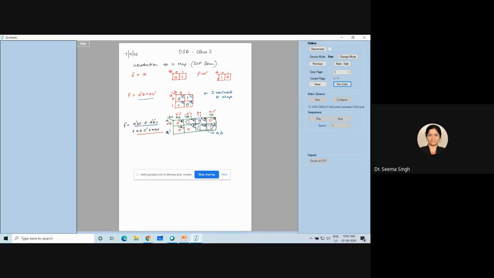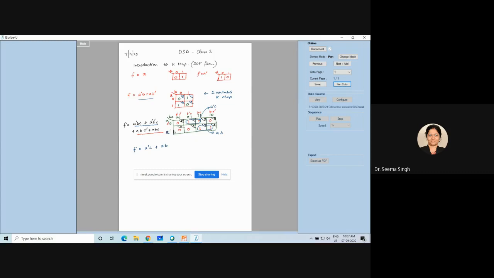What is changing? B is changing. Here it is B bar and here it is B. So A bar and C are the same, and this gives me the A bar C term. Now this is your second pair. So this function gave me one pair as A bar C, another pair as AB.